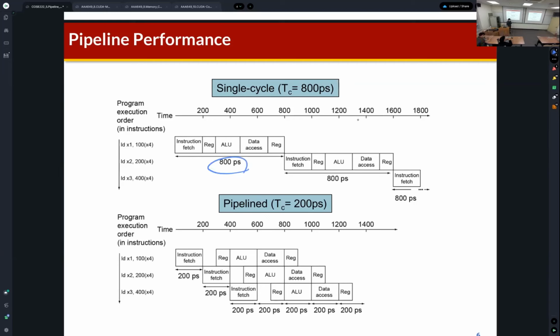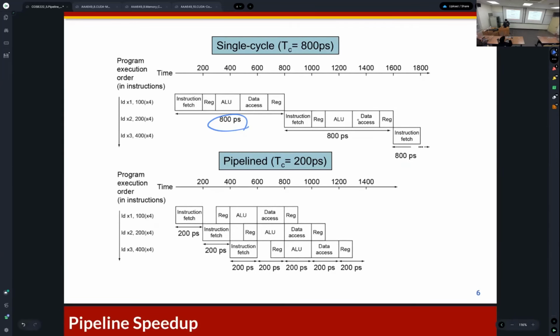If we use the previous configuration, then in order to execute one instruction, this processor will take 800 picosecond. But if the pipeline architecture is applied, and we know that the longest delay is 200 picosecond, which means that this processor can receive an instruction every clock.